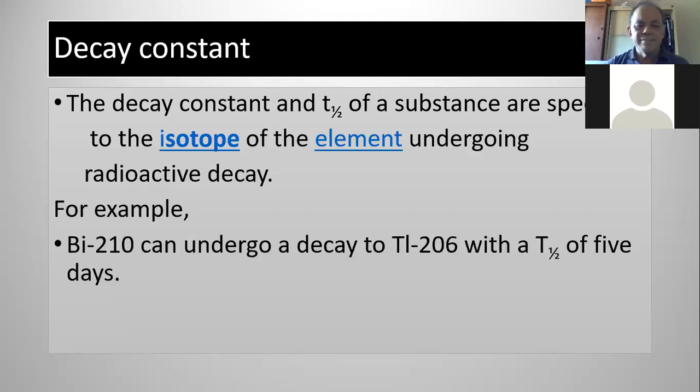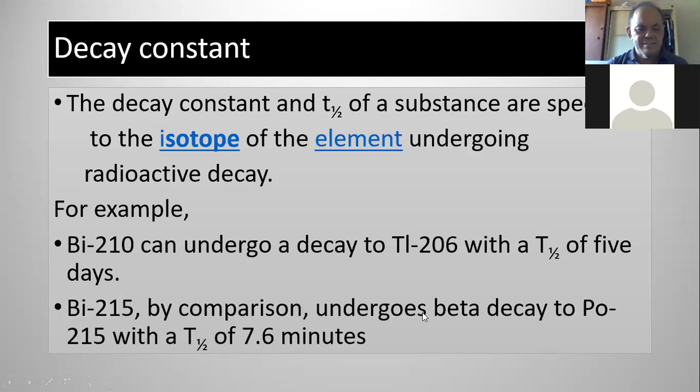For example, bismuth 210 undergoes decay to Tl206 with a half-life of 5 days, whereas bismuth 215 undergoes beta decay to polonium 215 with a half-life of 7.16 minutes. They are isotopes of each other, but they decay and give different half-lives.